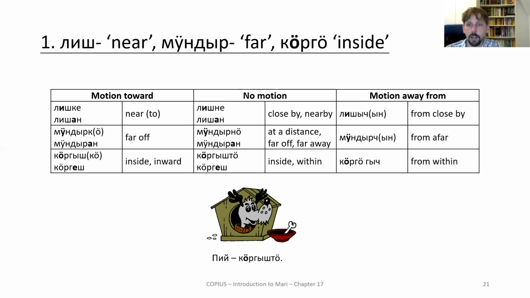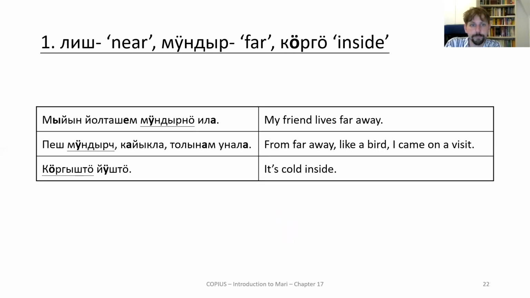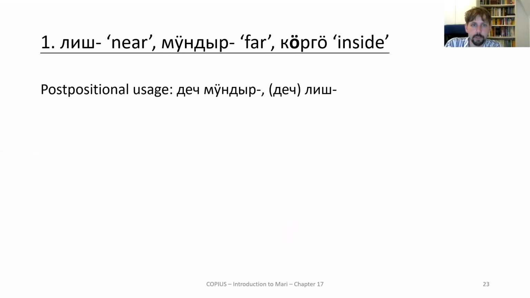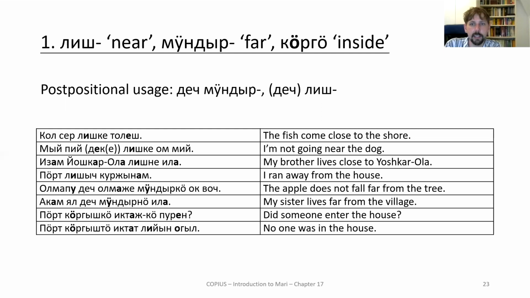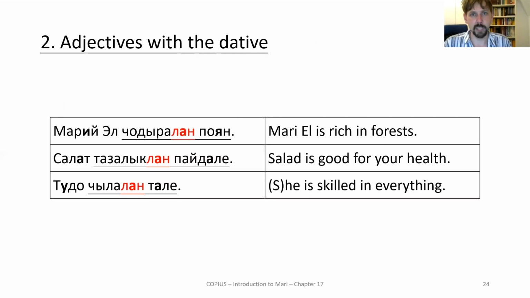And these are very frequently used spatial adverbs that you should know. Maybe have some usage example. And yeah, postpositional usage is possible, but it's a bit tricky because usually you use them as compound postpositions when you do this in combination with ditch.